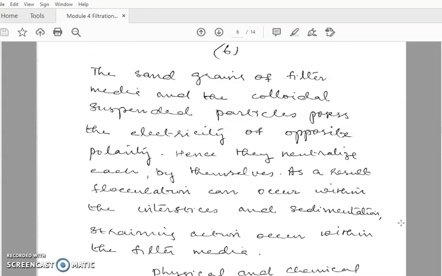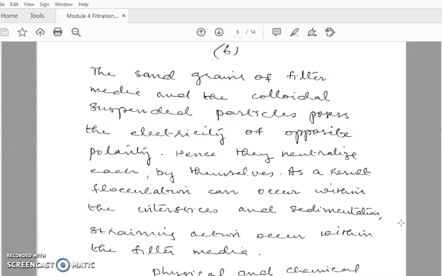So when these two ions come in contact, they neutralize each other. Because of the opposite polarity, they neutralize each other, and as a result, flocculation can occur within the interstices. Interstice means within the small pore spaces of the sand grains.